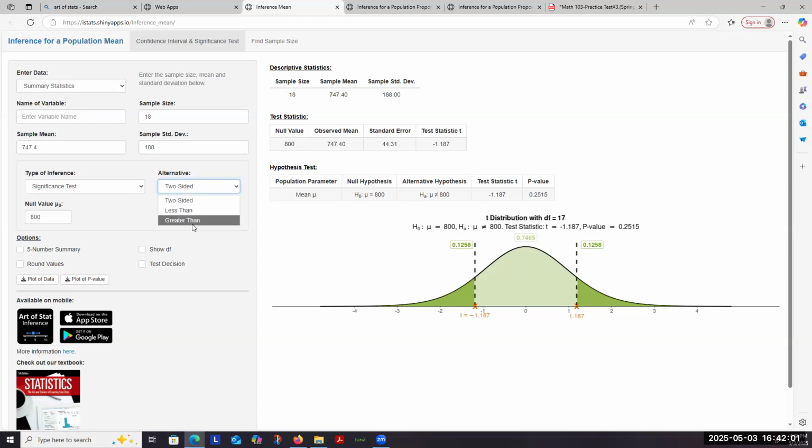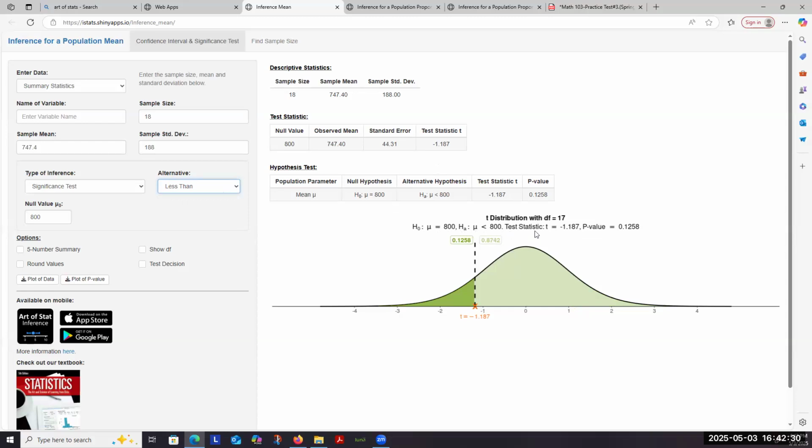This is where you put your claims, okay? Less than, greater than, and this is not equal to. In this case, remember the mu was less than 800. If you put this one, now you have all the information that you need. Look at this. This is what you set up. Mu equal to 800, and mu less than 800.